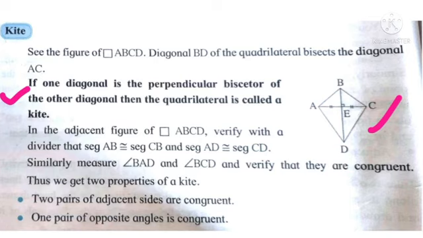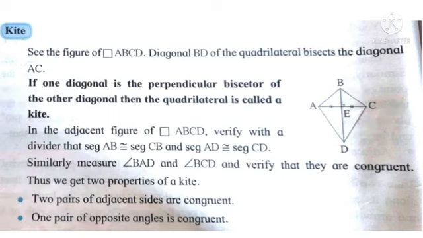So which are the properties? First, 2 pairs of adjacent sides are congruent. Here observe, AB is congruent to BC and AD is congruent to CD. And one pair of opposite angles is congruent.